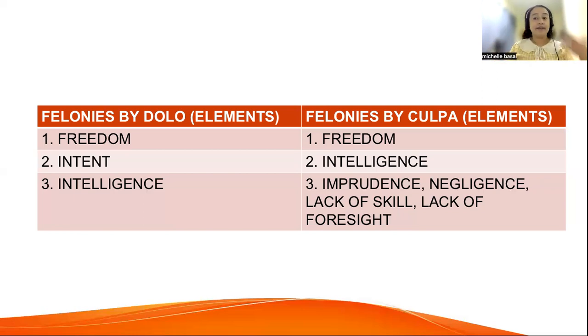Okay, so we are done now with intentional felonies. Let's talk about culpable felonies. These are felonies which are committed by accident. Take note, in intentional felonies or dolo, we have freedom, intent, and intelligence.